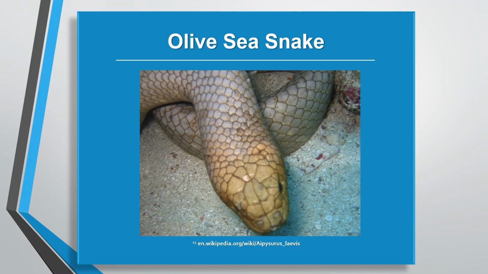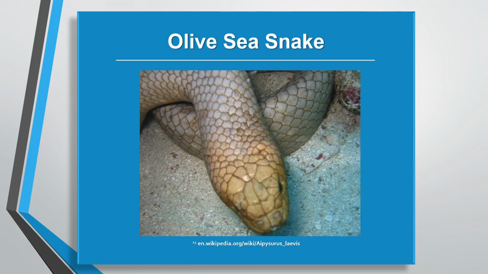However, with the exception of only one genus, the Laticauda, all sea snakes either lack ventral scales or they're so reduced in size that they're indistinguishable from their other scales. This is because their body plan is flattened along a vertical axis, like a fish, as opposed to being flattened along a horizontal axis, like a snake that lives on land.